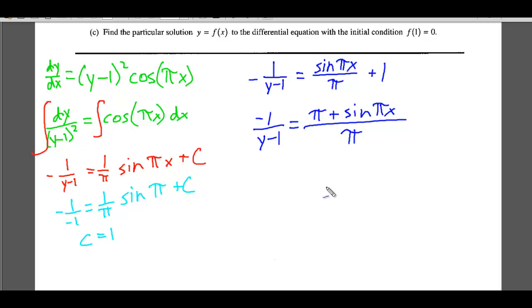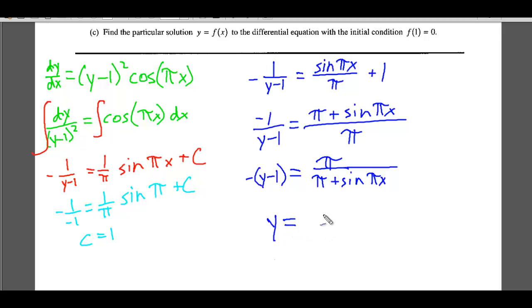Now we'll just take the reciprocal of both sides and get negative (y minus 1) equals pi over (pi plus sine pi x). Multiply by the negative, add the 1.